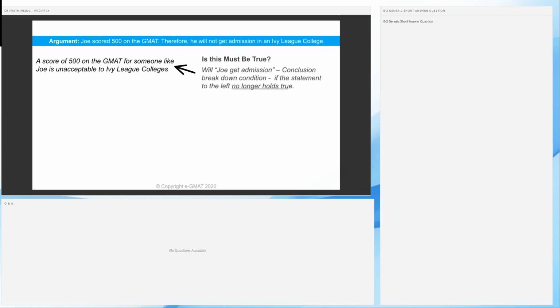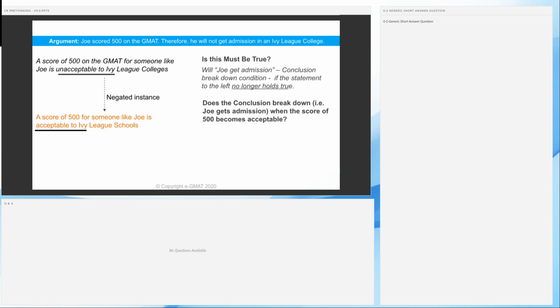Now, here is something that you must understand. When we say that a statement doesn't hold true, by definition, what we are saying is its negated version holds true. So when we say that a score of 500 on the GMAT is unacceptable to Ivy League colleges is not a must be true, what we are really saying is that a score of 500 for someone like Joe becomes acceptable to Ivy League schools.